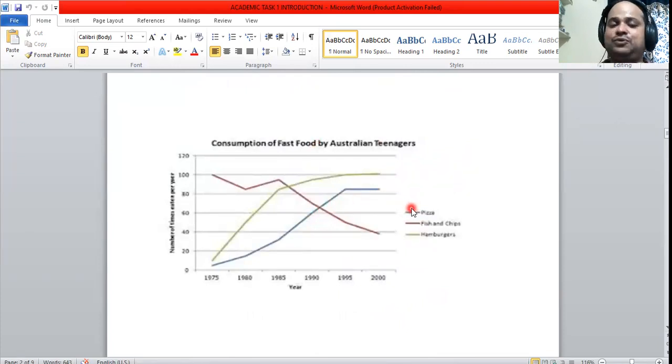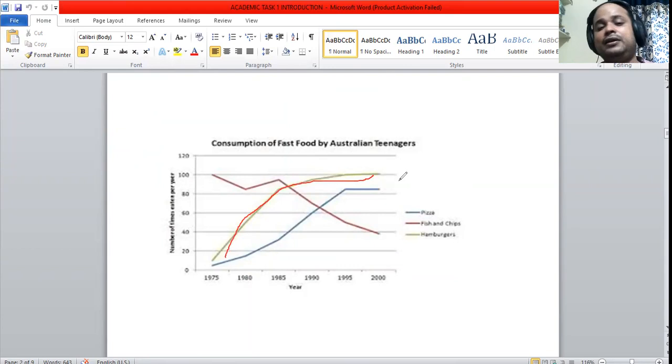Okay, so we have understood what a static chart is and what a movement chart is. What is the basic difference between a static chart and a movement chart? The basic difference is the language which you use. Here we can say the trend is increasing.